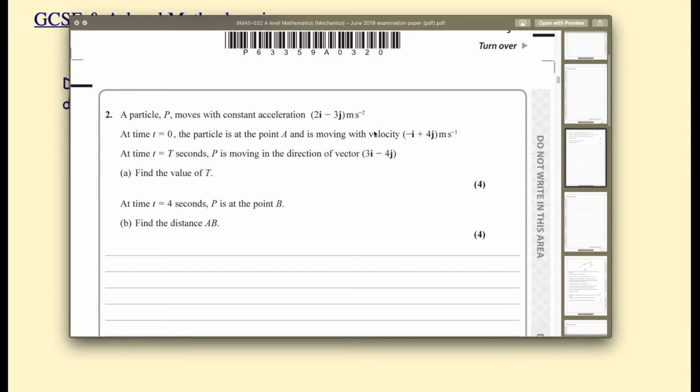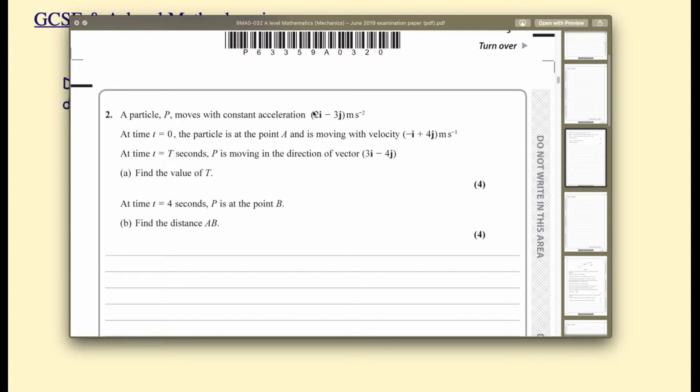We can add a third. I don't think we do this in A-levels, but you can add a third dimension, and then that's simulating three dimensions, the world we live in. But for A-levels, we just focus on particles moving in 2 dimensions, i and j, i being the horizontal axis and j being the vertical axis.